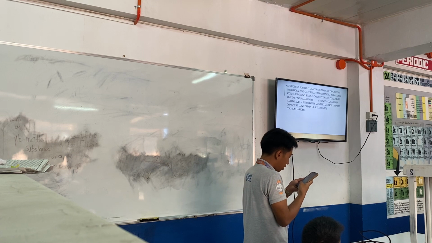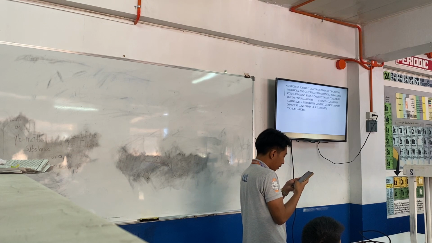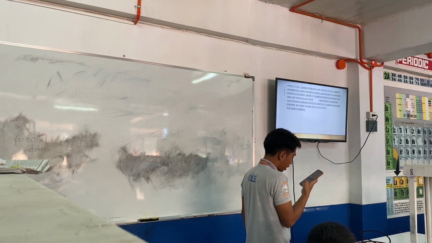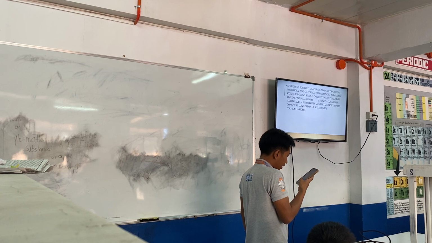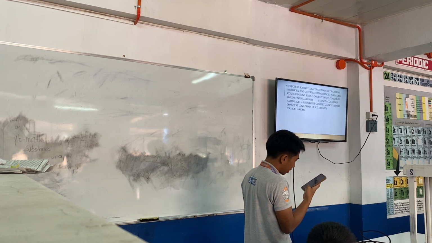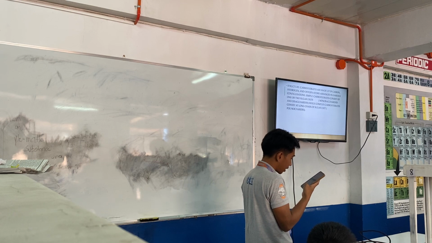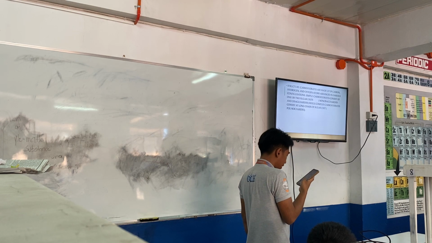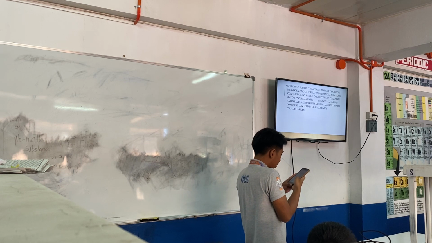Glycosidic bonds, these are covalent bonds that link monosaccharide units together to form disaccharides, oligosaccharides, and polysaccharides. Glycosidic bonds can vary in their linkage type, such as alpha or beta linkage, which affects the properties and function of carbohydrates. Ring structure.